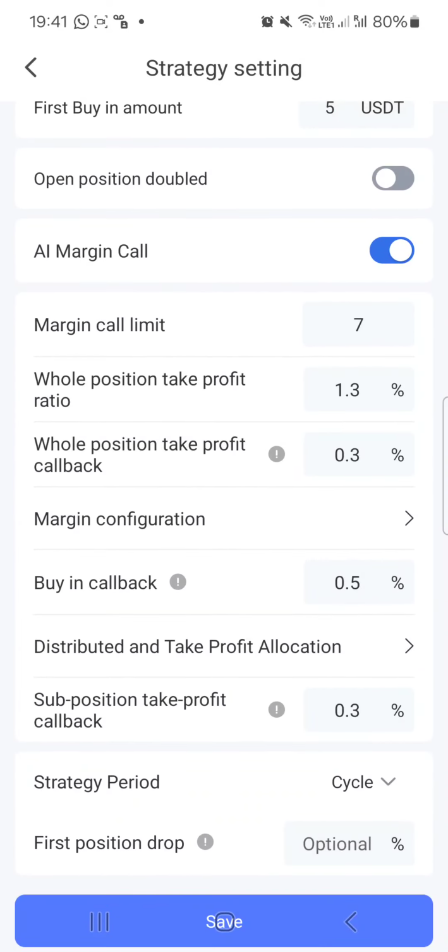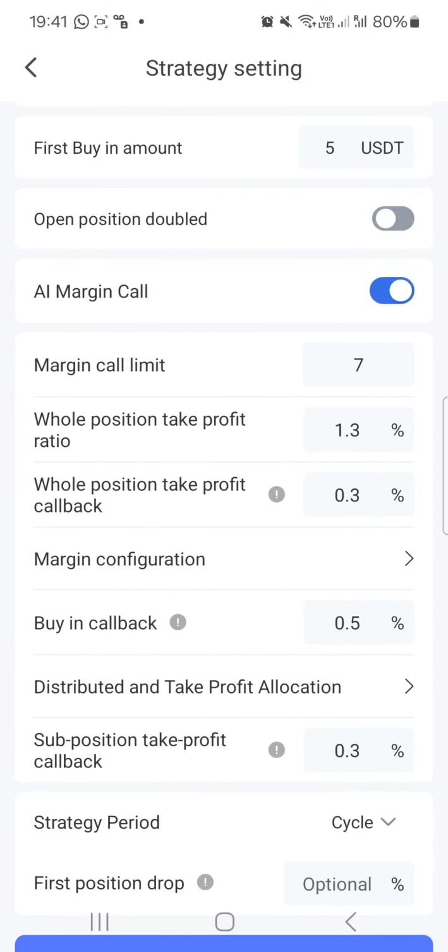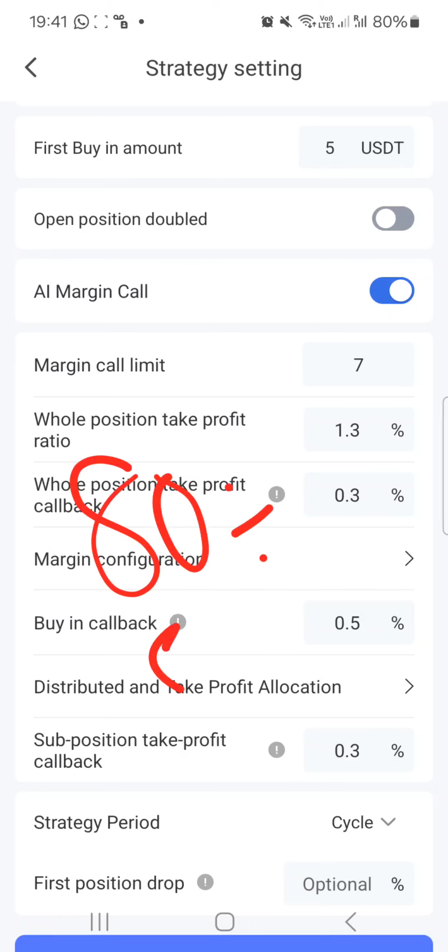So you then divide the $80 by 5, and that will give you the total number of calls. 80 divided by 5 gives you 16 calls.